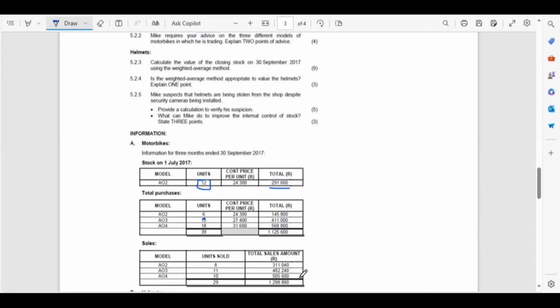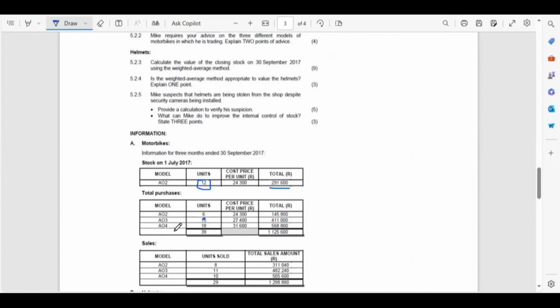So you can also try and do the calculations of the other gross profits for other respective models. But the gross profit is bigger on the A04 model. When you take the sale per unit of your A04 model subtracted by your cost per unit of your A04, you would get a higher gross profit compared to the other models.